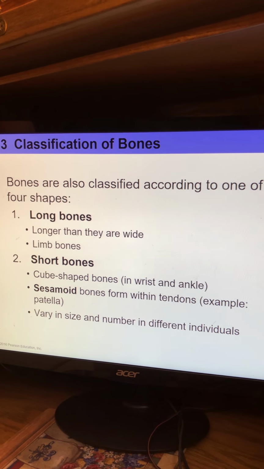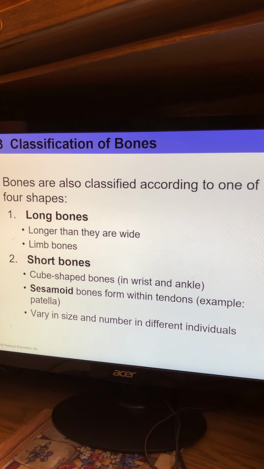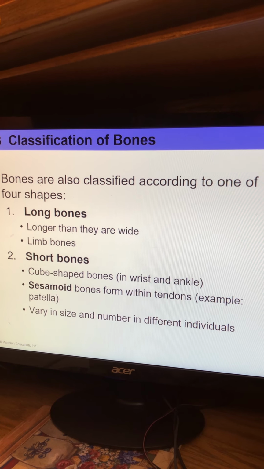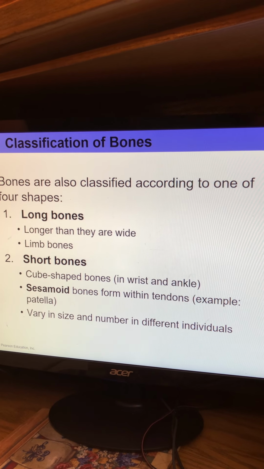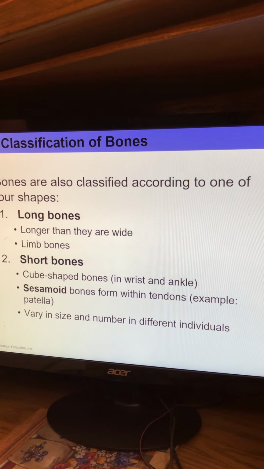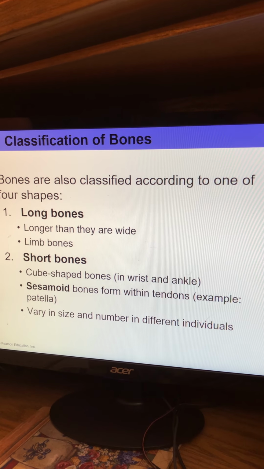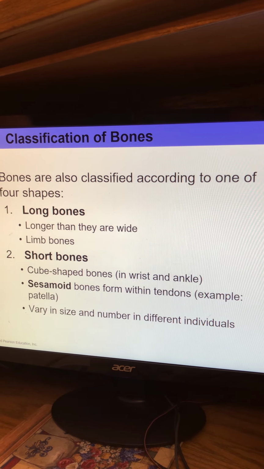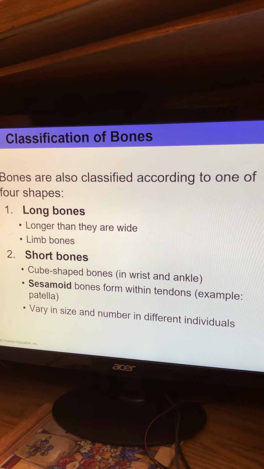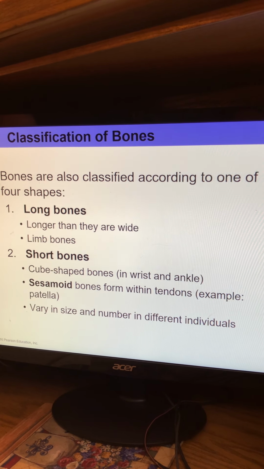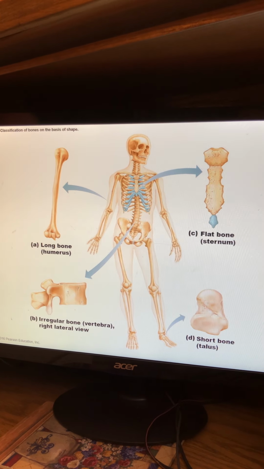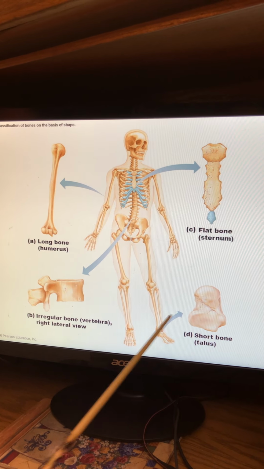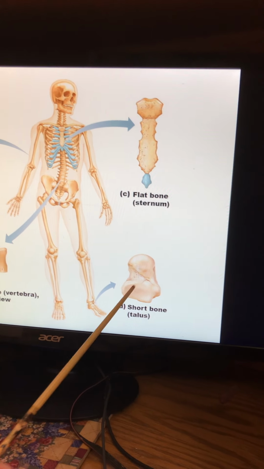These are the ones that look like a small piece of clay that is lumped together, and they're going to be mostly found in the wrist bones and the ankle bones. Sesamoid bones are going to be bones that are found within a tendon, and the best example of that is going to be the patella. So the short bones are definitely not long. They look like little lumps of clay.